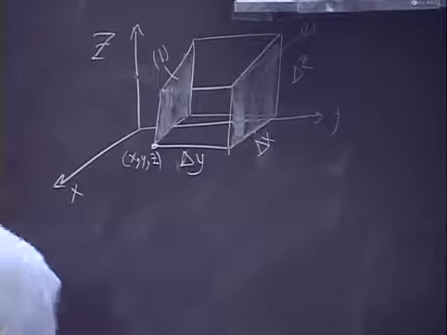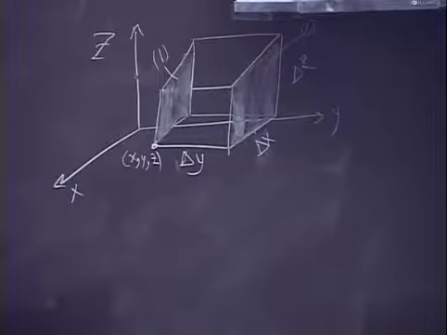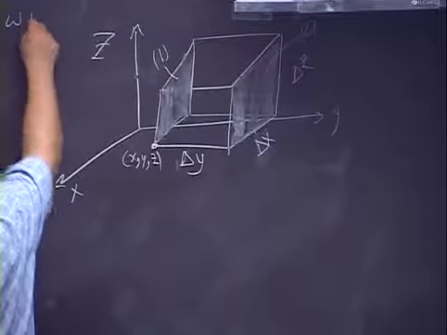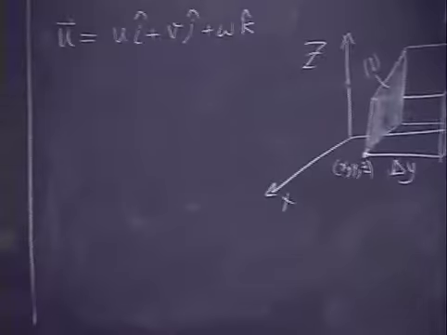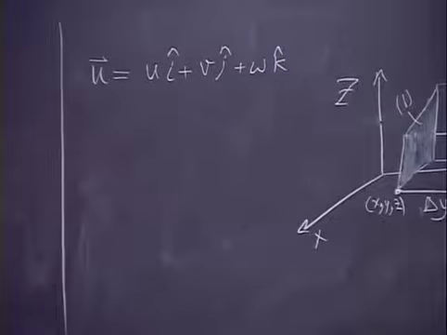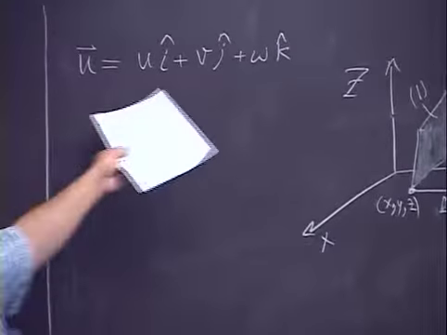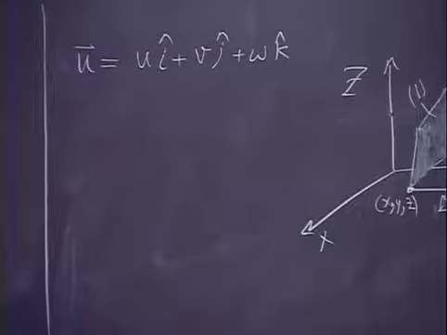So let's assume that we will have a velocity vector with u in the i direction plus v in the j direction plus omega in the k direction. If we have a velocity field like this, and u, v, and omega can be a function also of position x, y, and z.